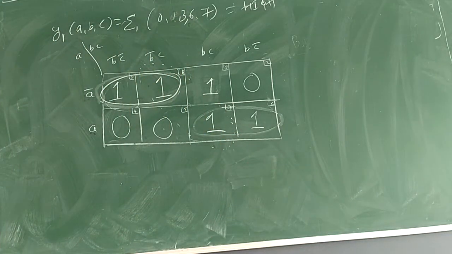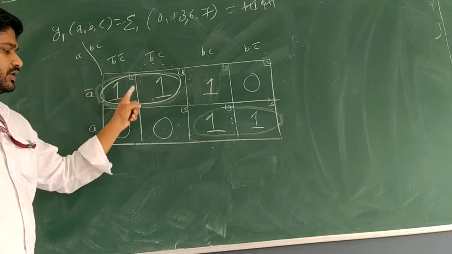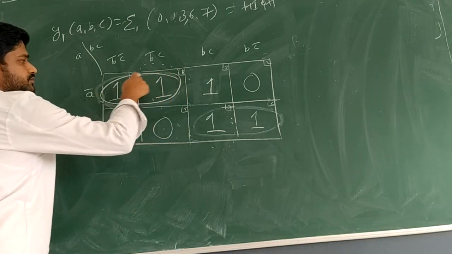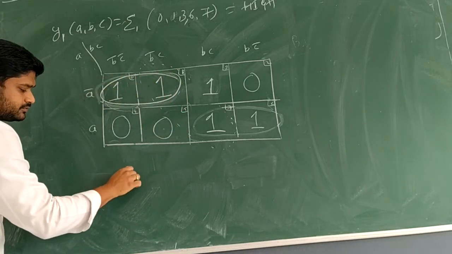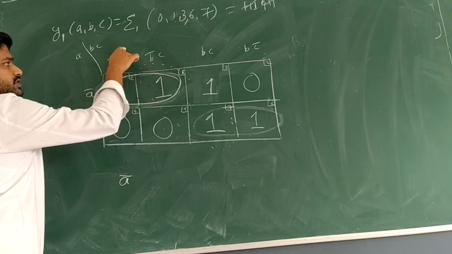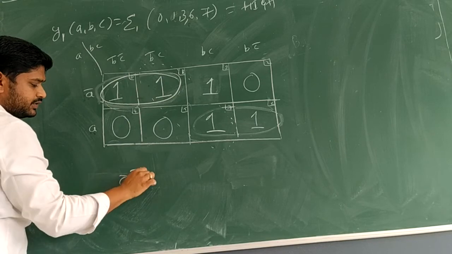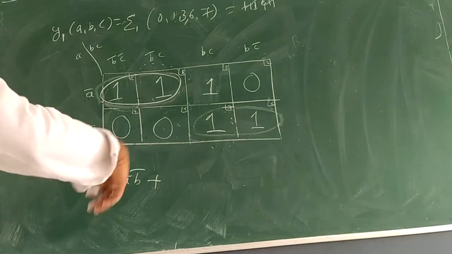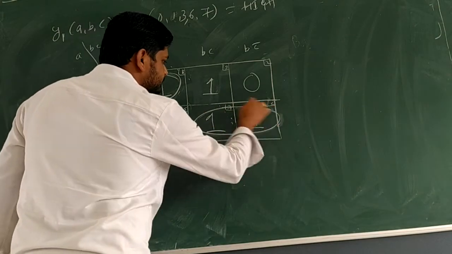Sometimes you will forget or you will write repeated term. So, for that reason, after a selection of the cover, immediately write the function. So, you know this horizontal cover, A complement. So, between these two, B complement C complement, B complement C will cancel, B left with only B complement.